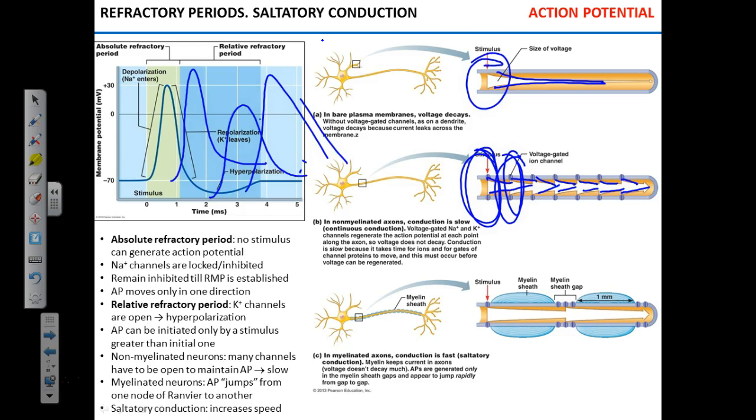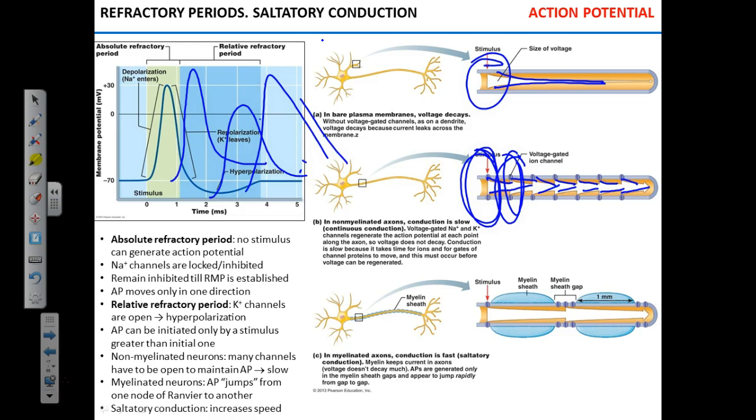Depolarization that is produced by sodium channels at one patch of axonal membrane will open sodium channels at the next patch, that will cause depolarization that will open sodium channels at the next patch. Essentially, it's positive feedback. Okay, it's a classic positive feedback.